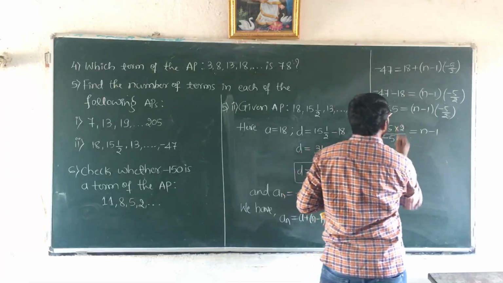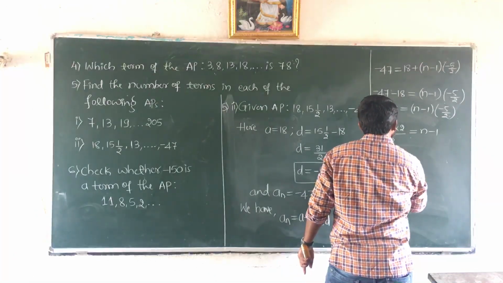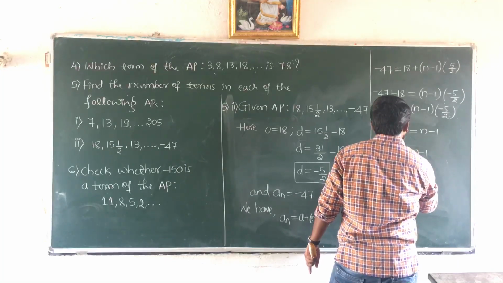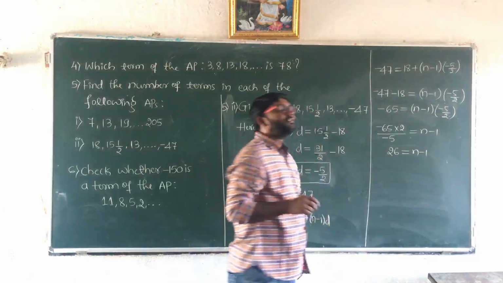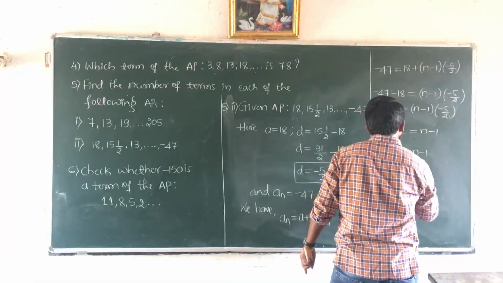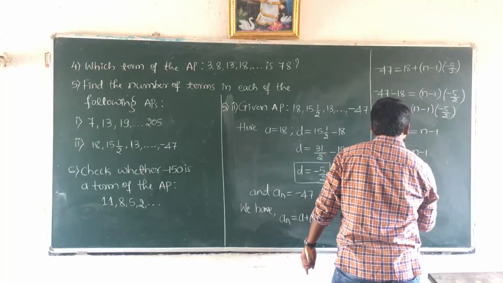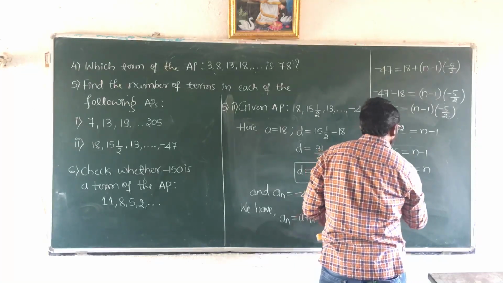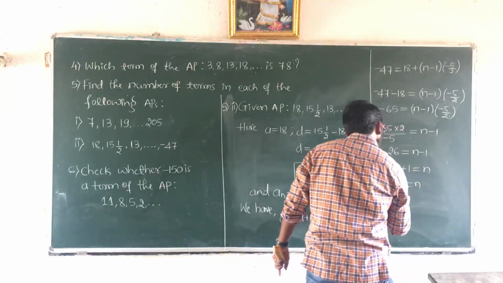So 13 into 2 will give us 26. So 26 is equal to n minus 1. Then take minus 1 to the LHS, we get plus 1. So 26 plus 1 will give us n. 27 is equal to n, or n is equal to 27.